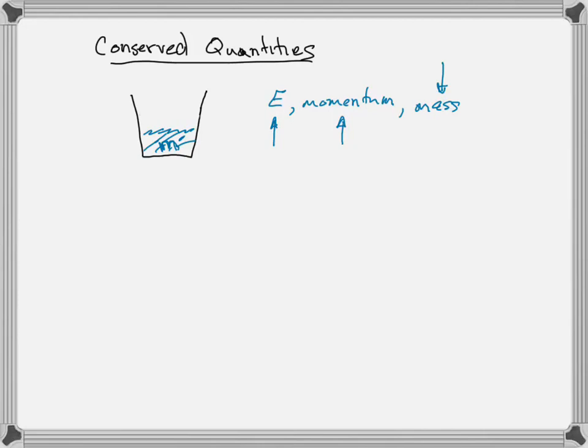Then we know that the mass of the water has changed by delta m equals m minus m prime. You might, if you're paying attention, say, isn't it m final minus m initial? That would be a negative quantity because we are reducing the amount of mass.